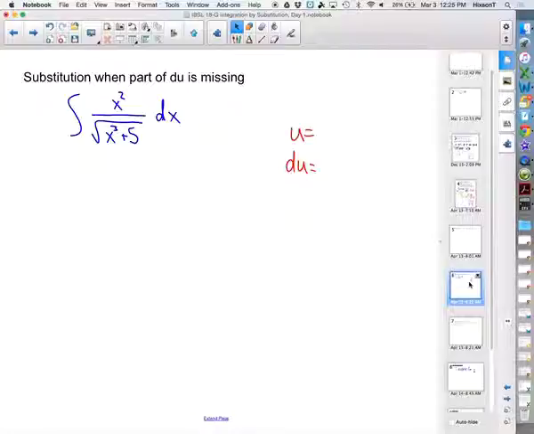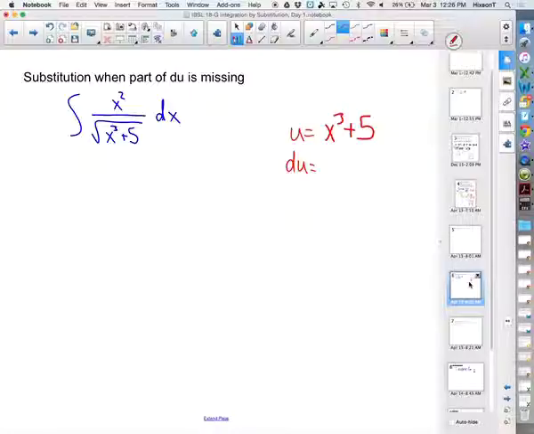What's the u in this case? The bottom. What's inside the radical? That x cubed plus 5. So we've got the x cubed plus 5.